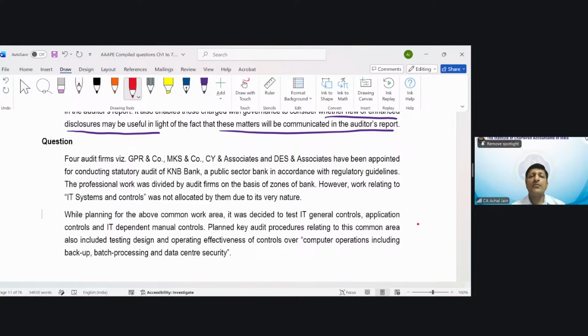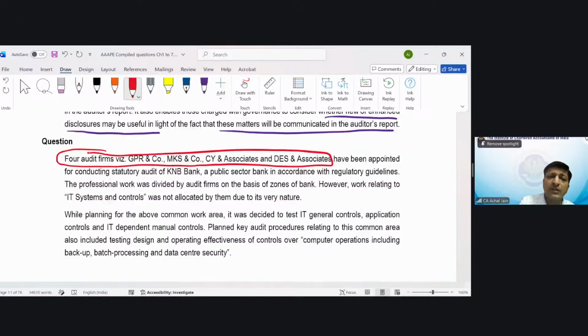They have been appointed for conducting the statutory audit of KNB Bank, a public sector bank, in accordance with regulatory guidelines. So what does it mean? Joint audit. The moment we say we have more than one, we are talking about joint audit. Yes or no?